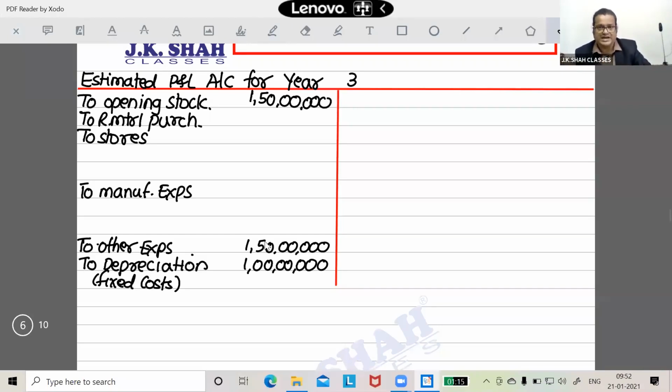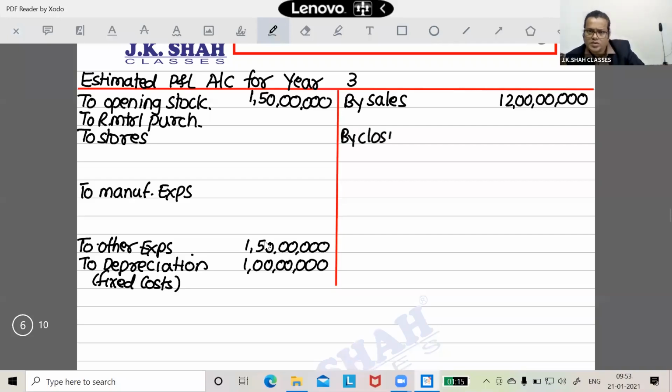Coming to the other side, the credit side, right over here, sales. I think the sales is given in the question. It is 12 crore. After sales, we have closing stock. People, have you understood that closing stock? What we are told, the difference will be same.